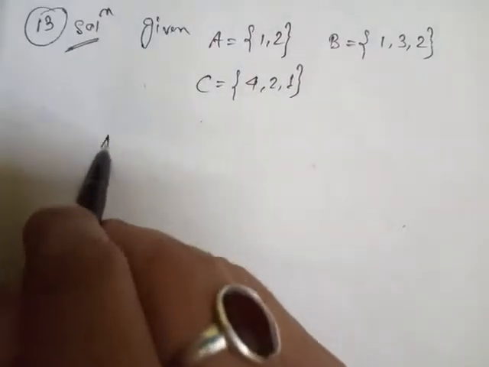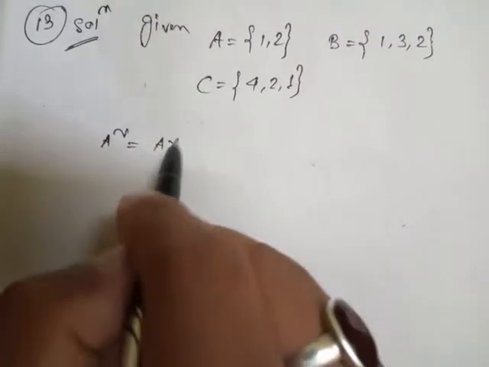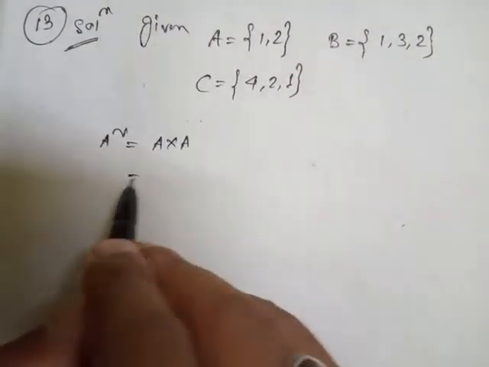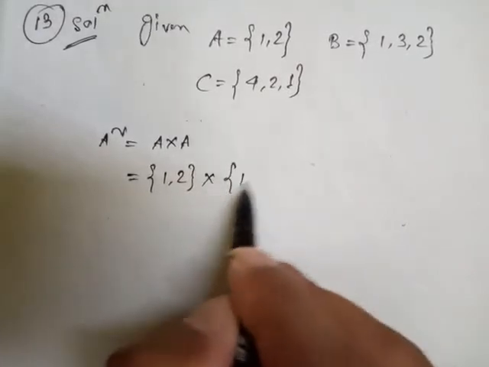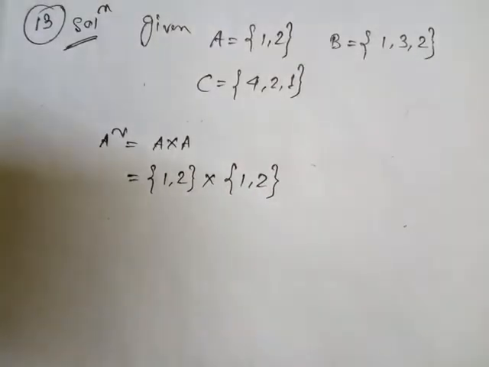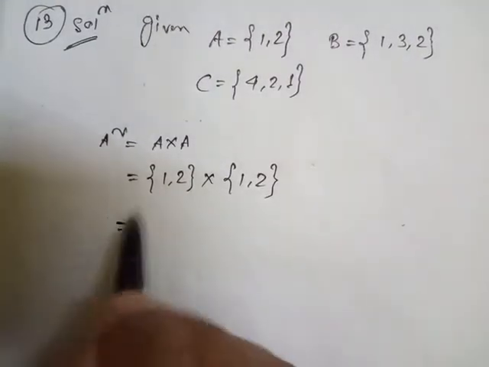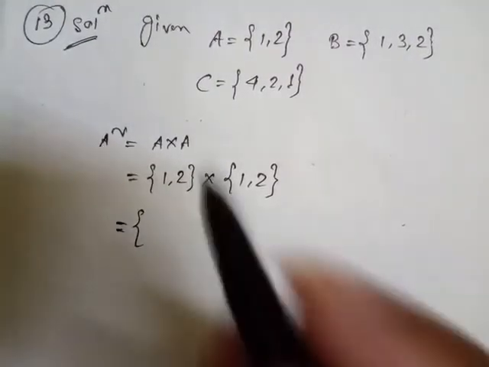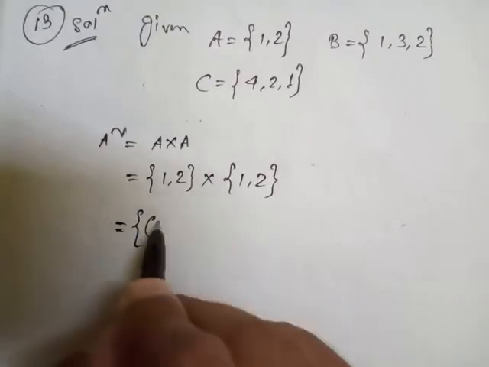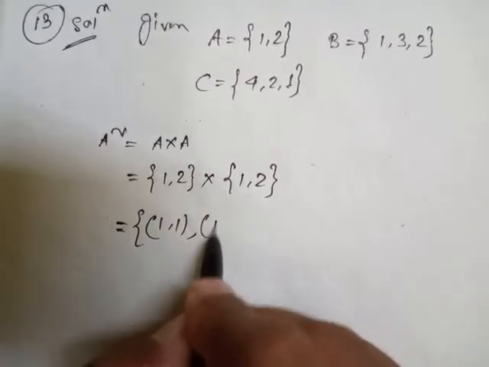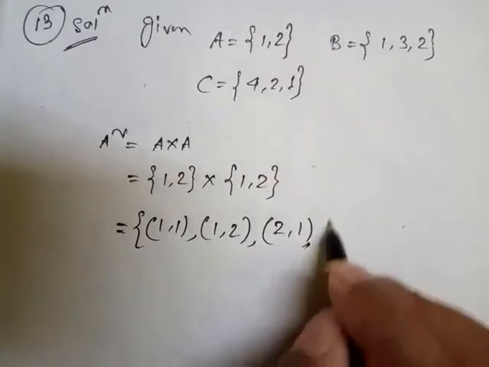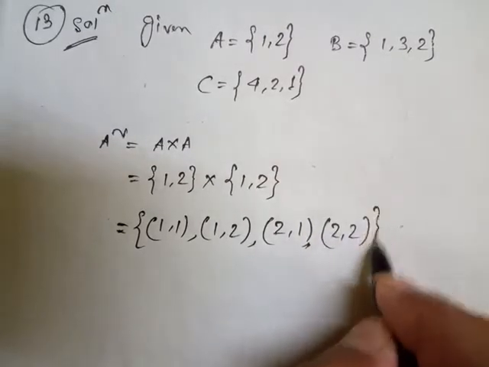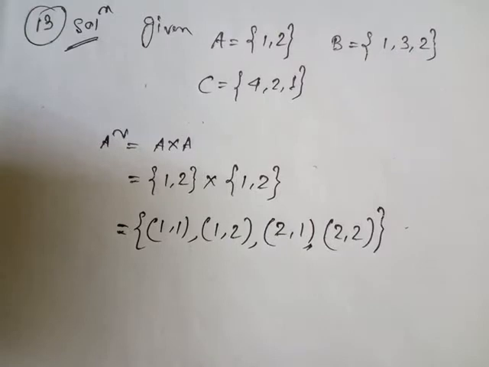Here we have to find A square, meaning A into A, that is {1, 2} times {1, 2}. If we want to find A product A, then (1, 1), (1, 2), (2, 1), (2, 2). This is the first one, A square.